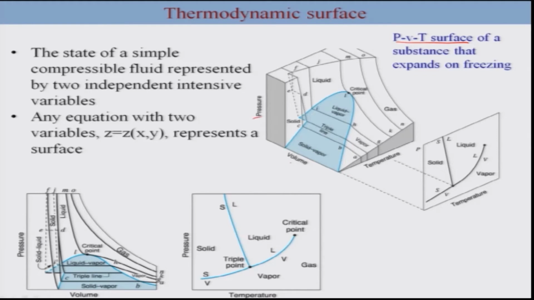So pressure, volume, temperature, and here you can clearly see there are many regions. There is a solid-liquid region, there is a vapor-liquid region, the same thing which we have illustrated in the PV diagram or TV diagram. You can take an orthogonal projection and you can obtain this pressure-temperature diagram. Okay, so this is your PT diagram.